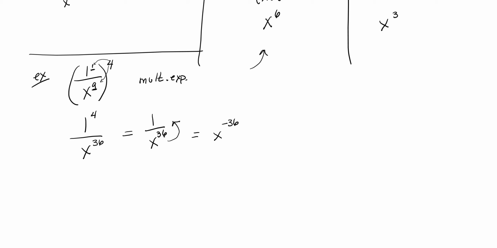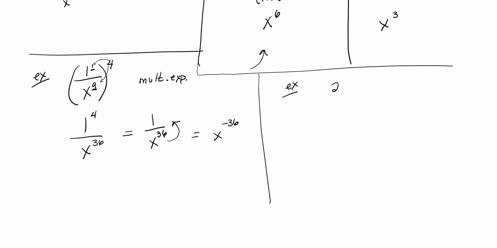Let's do one more example. So let's say we have an example that is 2 over x to the second, all to the third power. So this is very similar to the one before it, but instead of having a 1 in the numerator, I have a 2 in the numerator. So I'm going to assign a 1 as the exponent there.